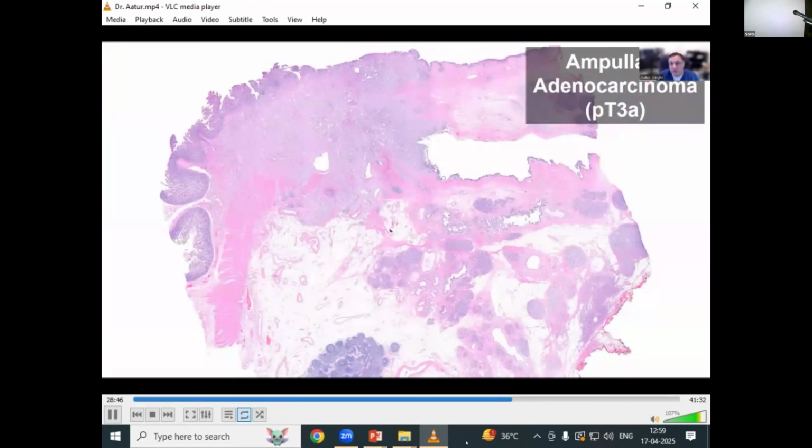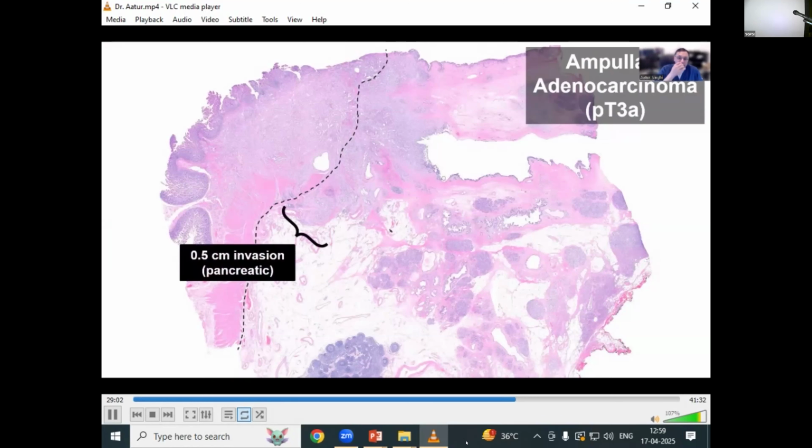That is also important in determining if the adenocarcinoma has entered the pancreatic parenchyma, which is one of the features of a T3 neoplasm. Now, T3A adenocarcinomas are defined as those that invade the pancreas, but up to 0.5 centimeters in depth of invasion. The difficulty here is that the pancreas can be atrophic. Hence, it's important to be clean and clear when you cut those cross sections of the ampulla.